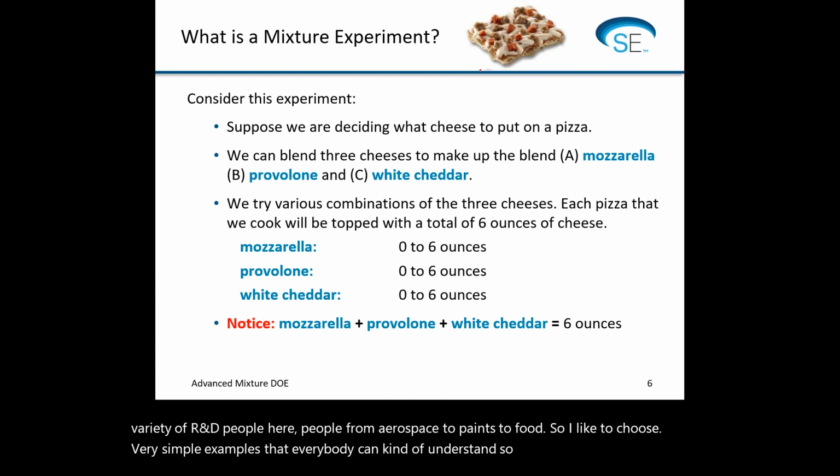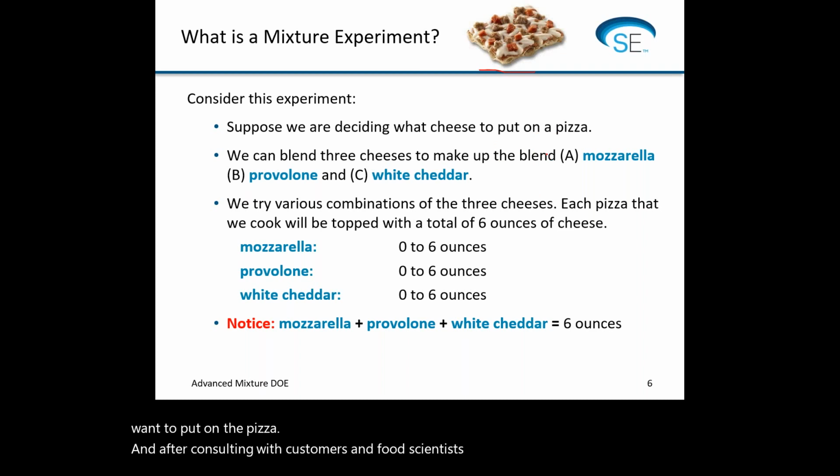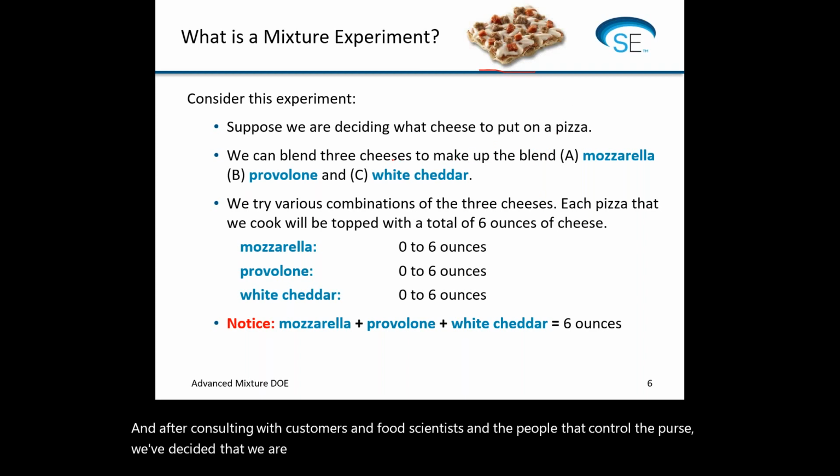So pizza. Let's say that we're manufacturing pizzas in our factory and we're deciding what cheese we want to put on the pizza. And after consulting with customers and food scientists and the people that control the purse, we've decided that we are going to blend 3 cheeses together: mozzarella, provolone, and white cheddar.